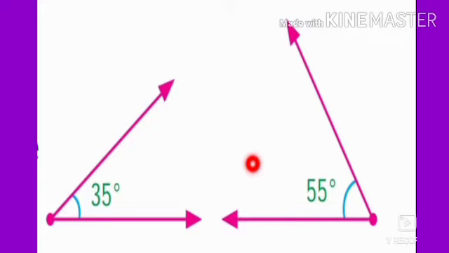So, the pair of angles 35 degree and 55 degree are complementary, where the angle 35 degree is said to be the complement of the other angle 55 degree and vice versa. So, this is the example of complementary angle.